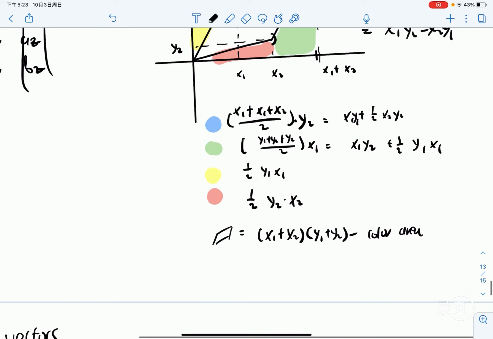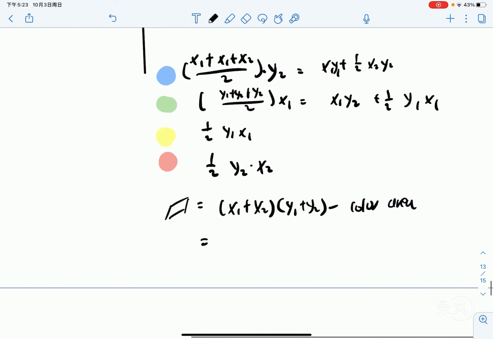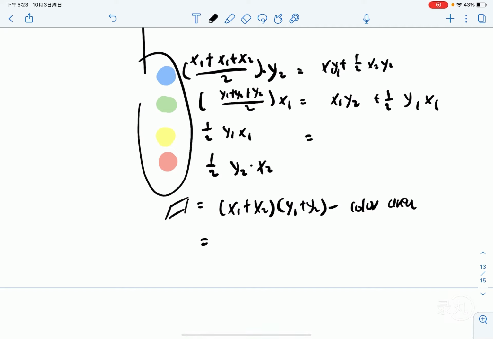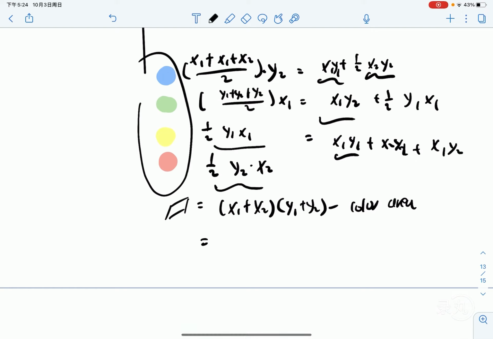We can see that when all the colors are added together, it is going to be x1 y1 plus x2 y2, x1 y1, x2 y2, wait, let me see, x1 y2 plus y1 x1.